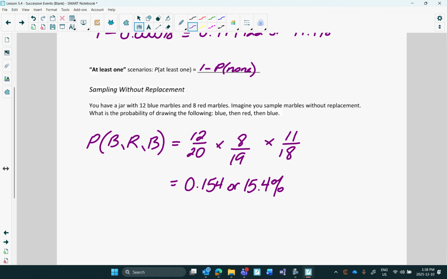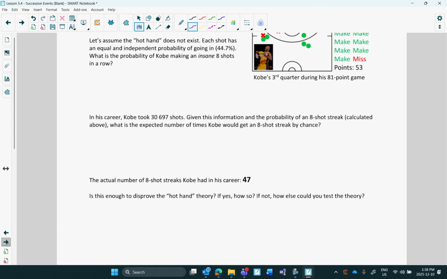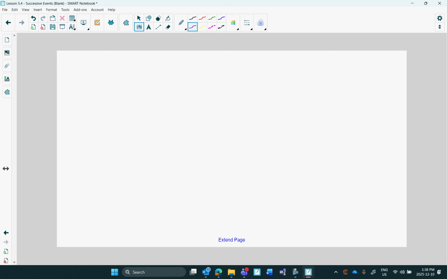So those are the probability rules. We finished the unit with something called probability distributions that we're going to do over 3 lessons. Just as a bit of a preview, here's the idea of a probability distribution.